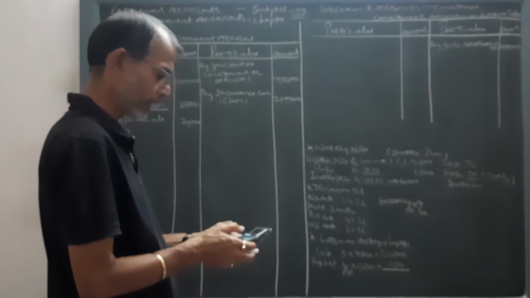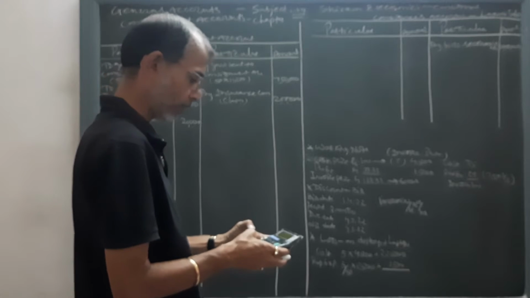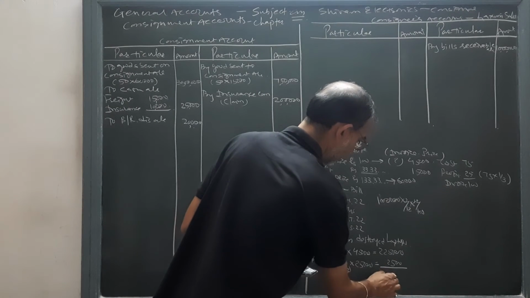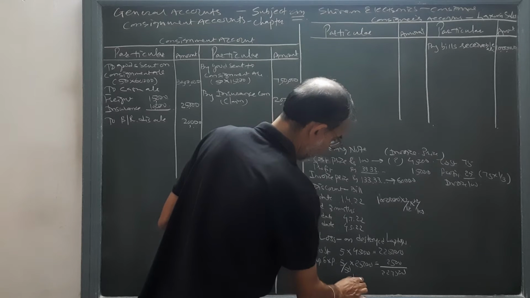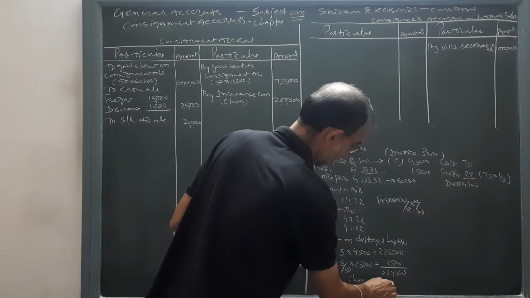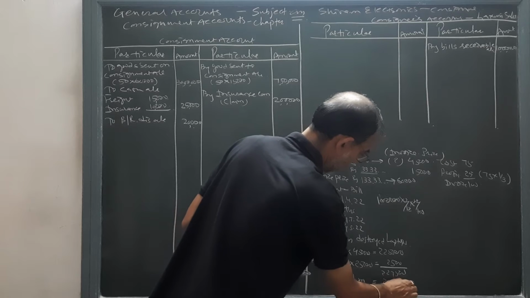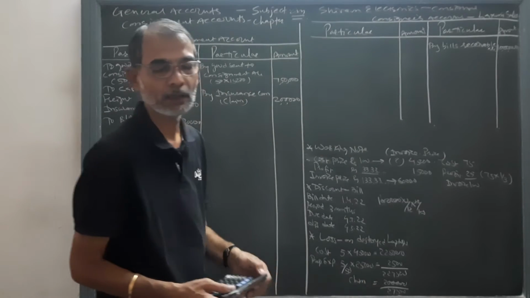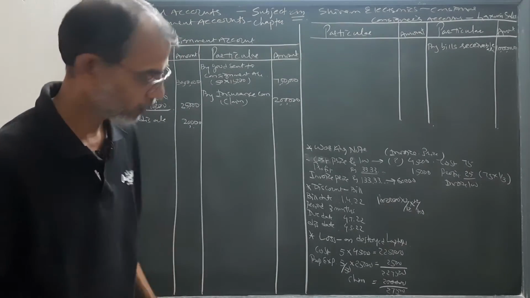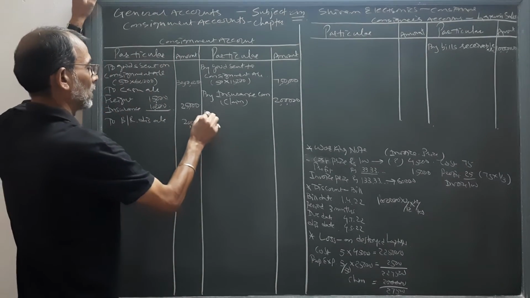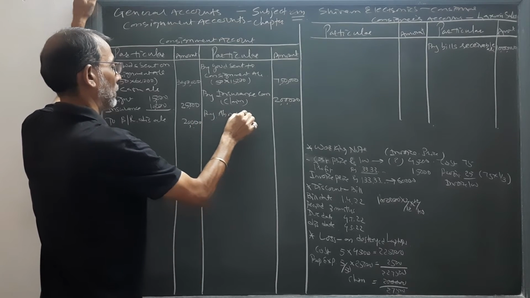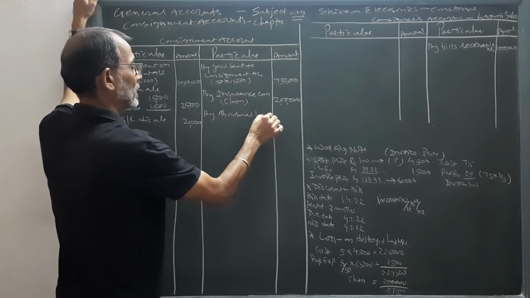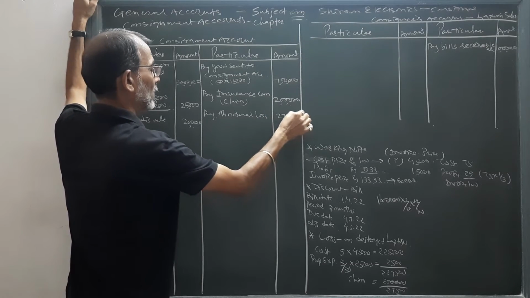So 2,25,000 plus 2,500 is 2,27,500. Claim has been accepted as 2 lakh, so 27,500 is loss. Abnormal loss is 27,500.